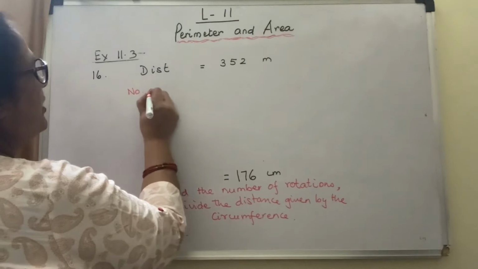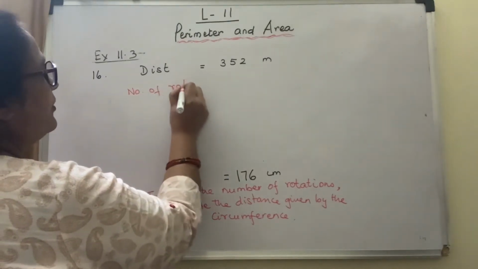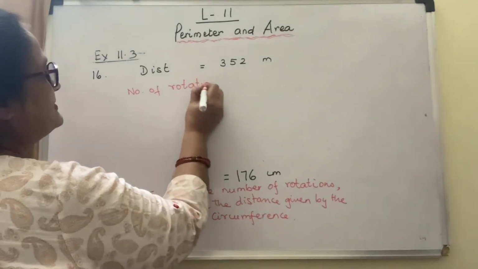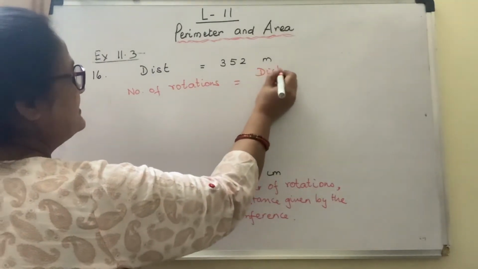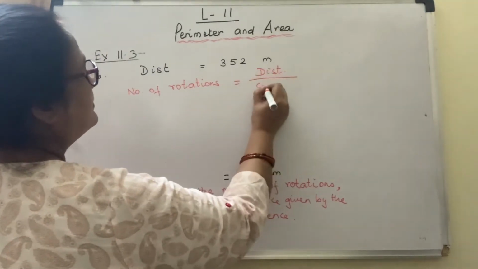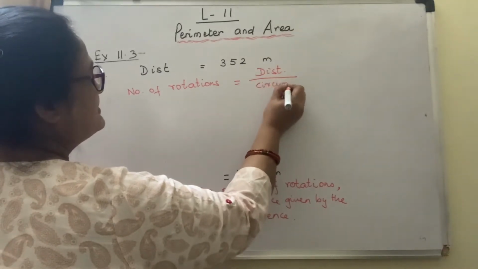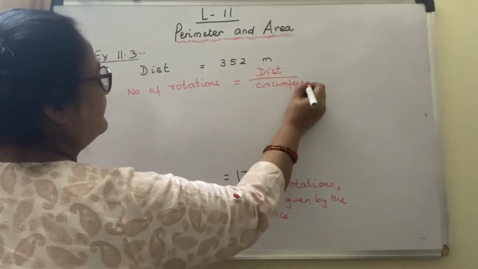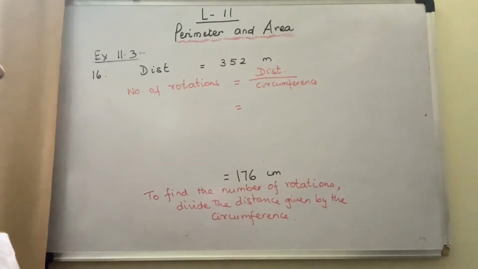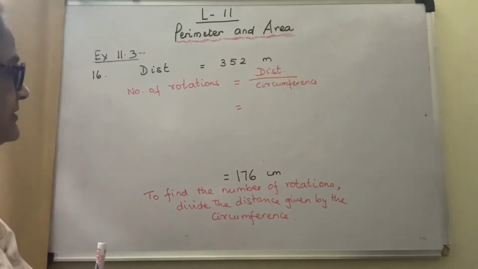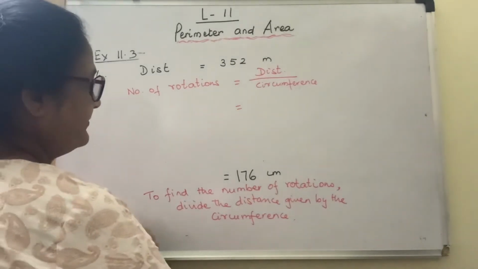Number of rotations is equal to distance upon circumference, which is equal to 176.